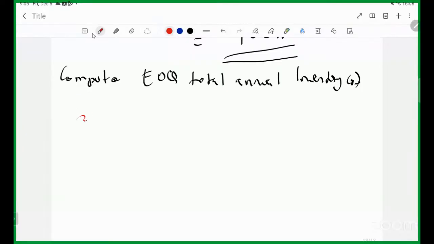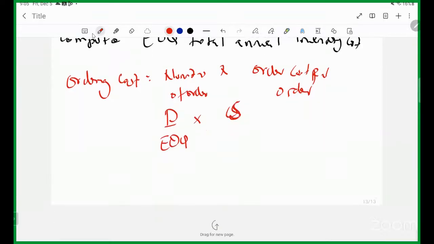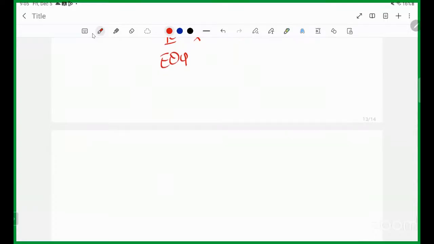Start with ordering cost. The ordering cost, remember I said it is equal to the number of orders times ordering cost per order. Number of orders is annual demand over EOQ times the ordering cost, which is S. You remember the annual demand here did not change.